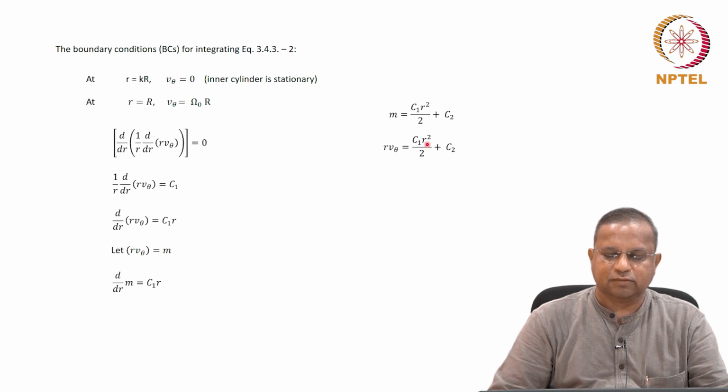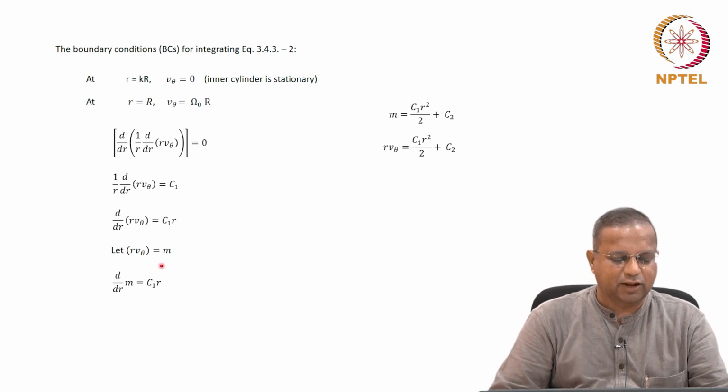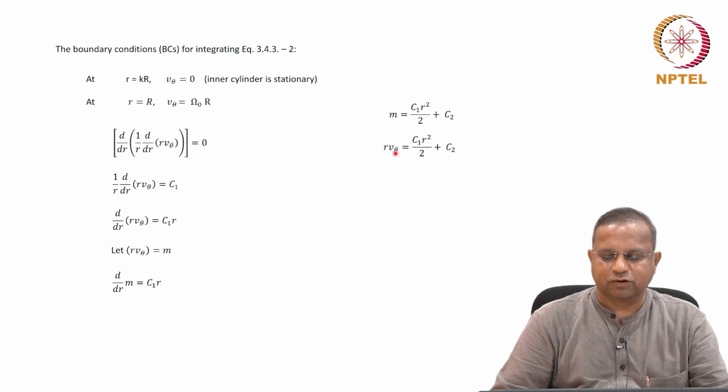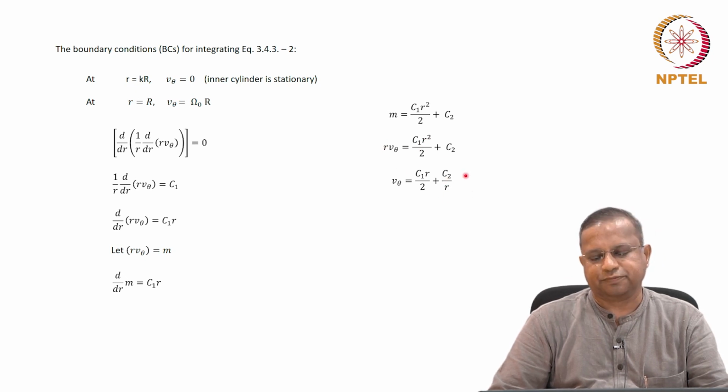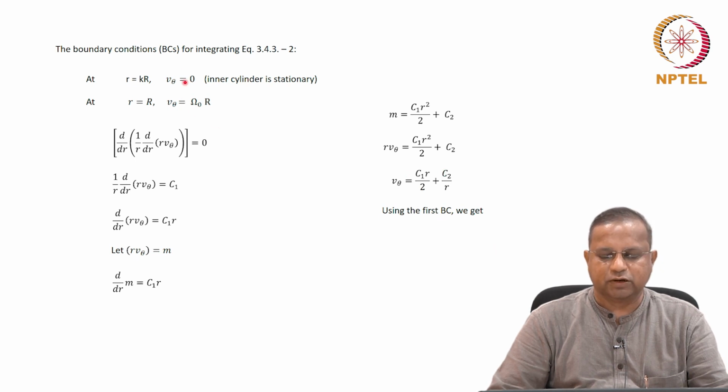C1, it's a product, you need to look at it as that. This helps in the visualization of what the actual meaning is, and therefore it's nice to do this. R v theta is C1 r squared by 2 plus C2, and therefore v theta is nothing but C1 r by 2, you divide by r throughout, plus C2 by r. And now we need to find C1 and C2 using the boundary conditions.